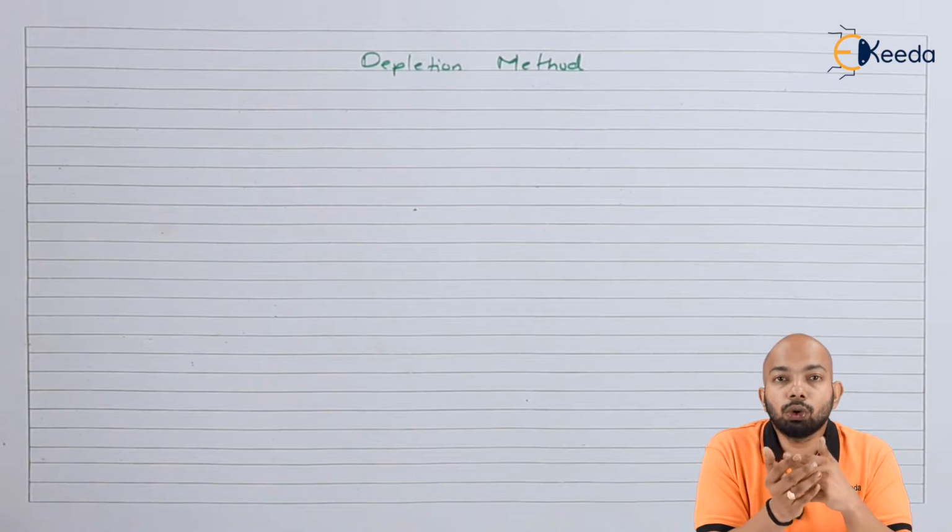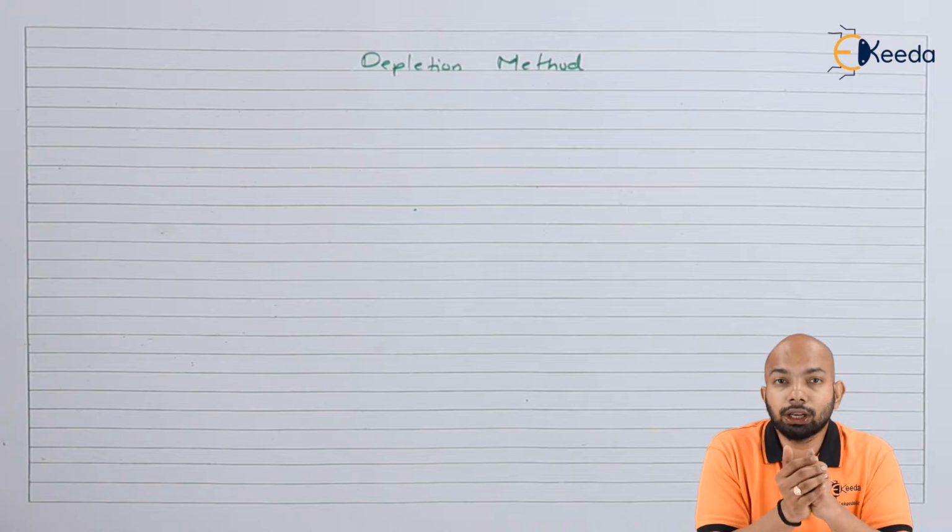So let's figure it out with the notations and the illustration that we'll be jotting down here. Let's jot down the illustration and explain it to you first.